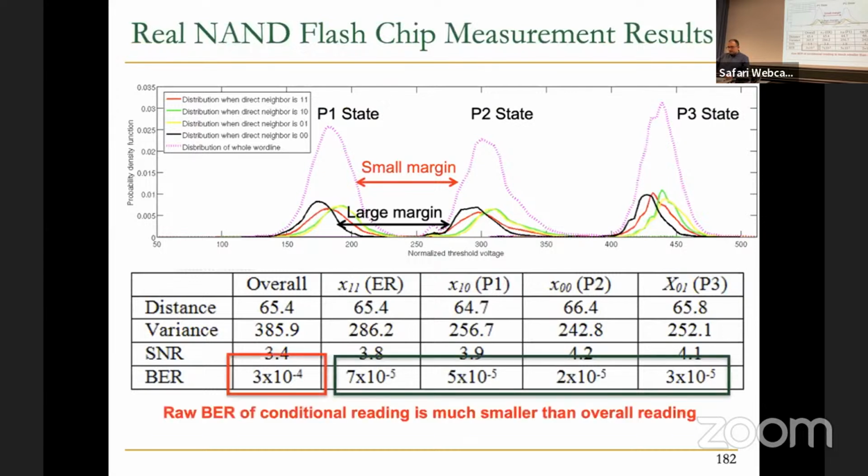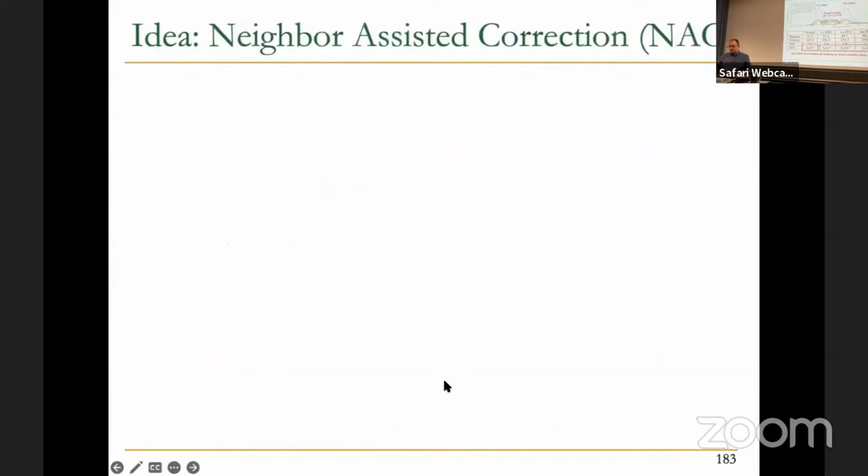You can see that the bit error rate using the overall reference voltage is around 3 times 10 to the power minus 4. But when you use this conditional reference voltage, you can get to a much lower bit error rate. So that shows the power of this technique.